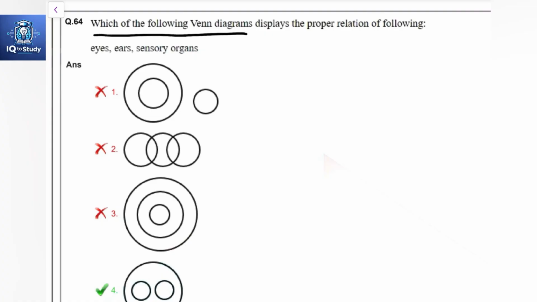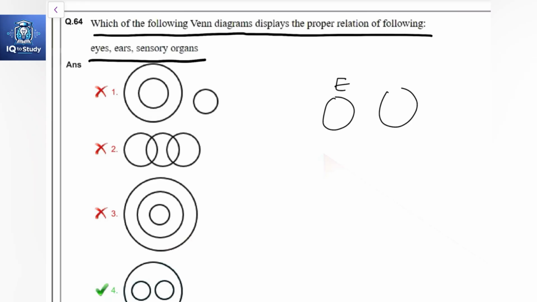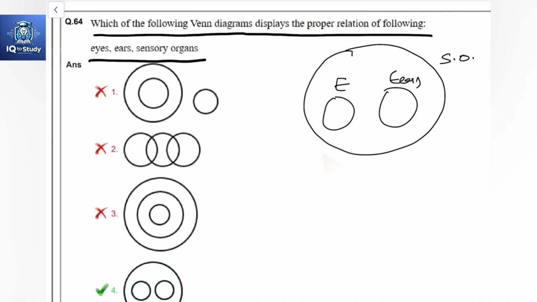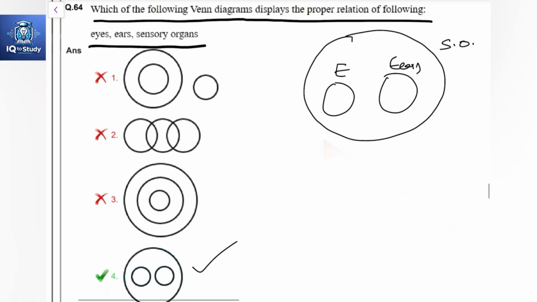Which of the following Venn diagrams displays the proper relation of the following? Eyes, ears, sensory organs. Let it be eyes and these are ears, and both eyes and ears are sensory organs. So option 4 is correct.